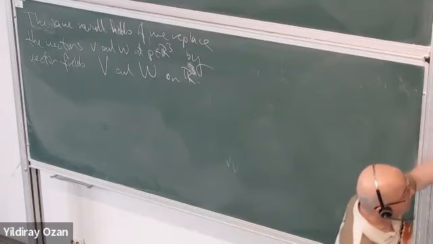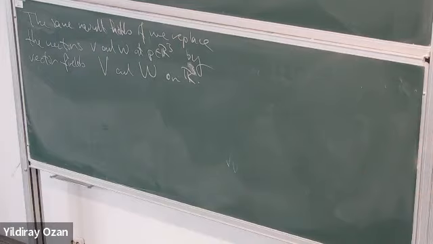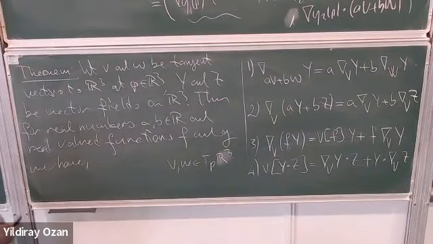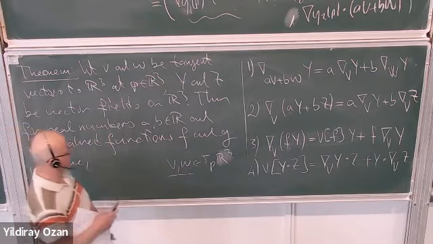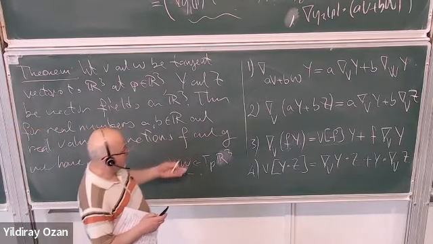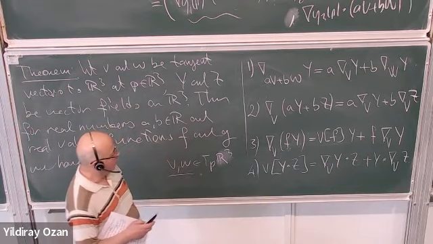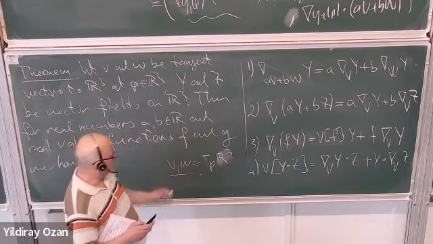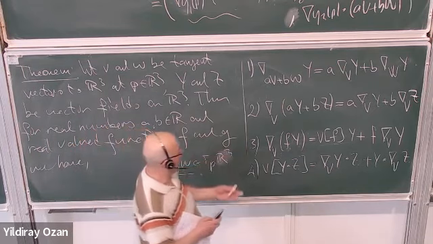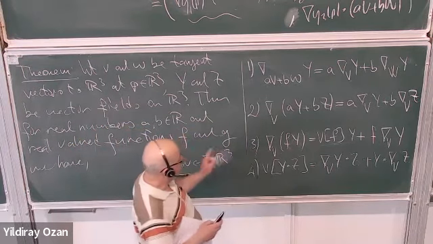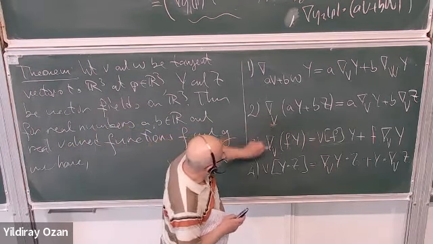In this theorem, V and W were just two vectors at a point. But, you know, if you look at the proofs, you see that this holds for every point, and you are not taking derivative of these gadgets, right?